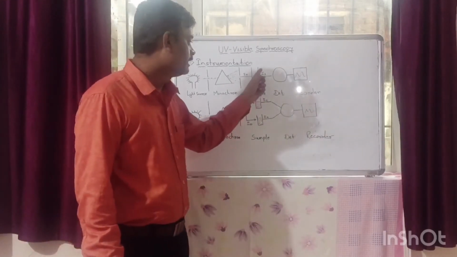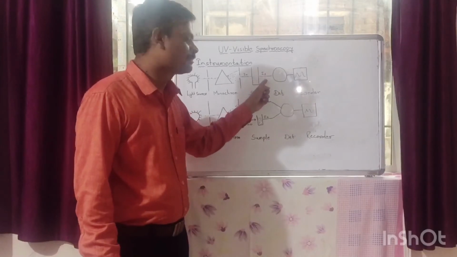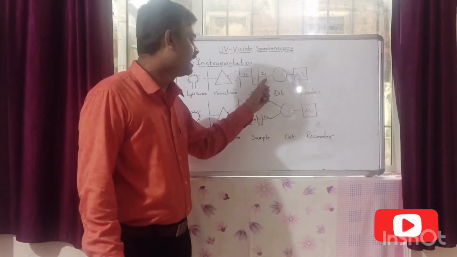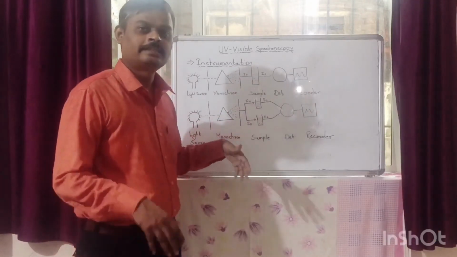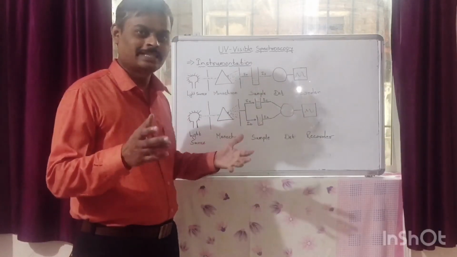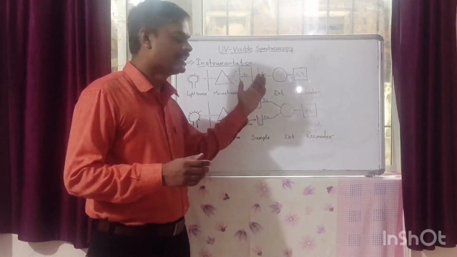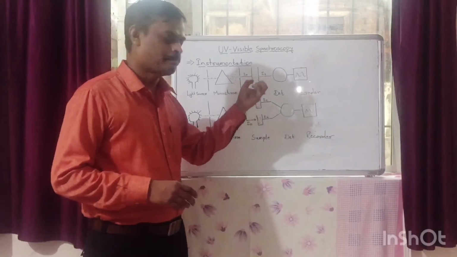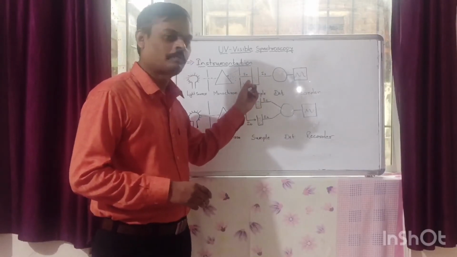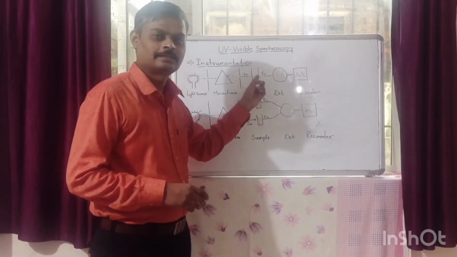If the intensity of this transmitted light is less than the intensity of incident light, then obviously this decrease in intensity of light is due to the absorption of some amount of light by the sample.